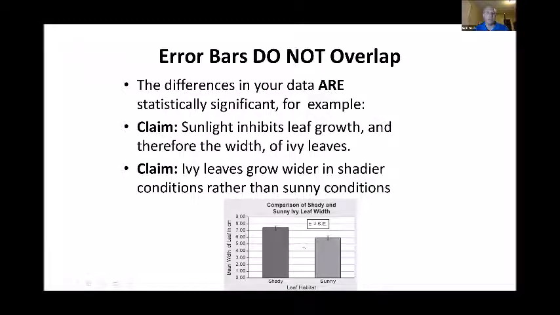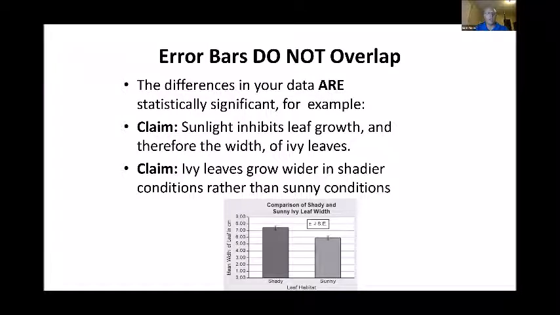Well, first of all, we look at the means. The mean of the shady one is higher than the mean of the sunny one. But we also have to look at the error bars. And you can see here's an error bar right here, and here's an error bar right here. And what you want to look at: do those error bars overlap? Do they cross the same width in this case? And here they don't.